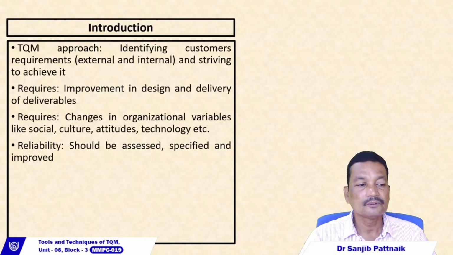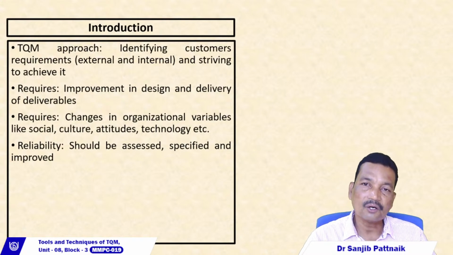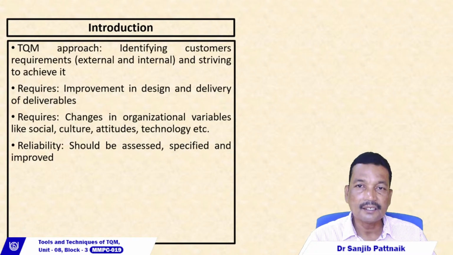Now, what is this total quality management approach? Up till now, we have seen total quality management always tries to focus on the requirements of the customer and works accordingly.